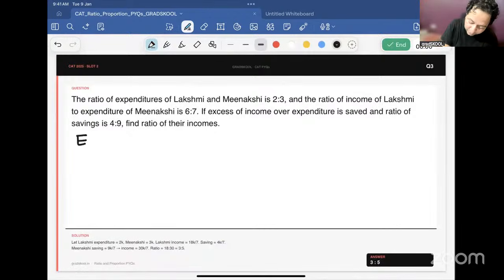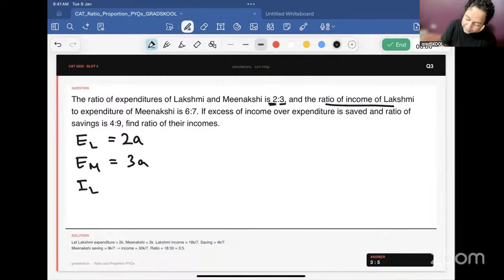Expenditure of Lakshmi, let it be 2 times A; expenditure of Meenakshi is 3 times A. The ratio of income of Lakshmi, IL, to expenditure of Meenakshi, EM, is given as 6:7.